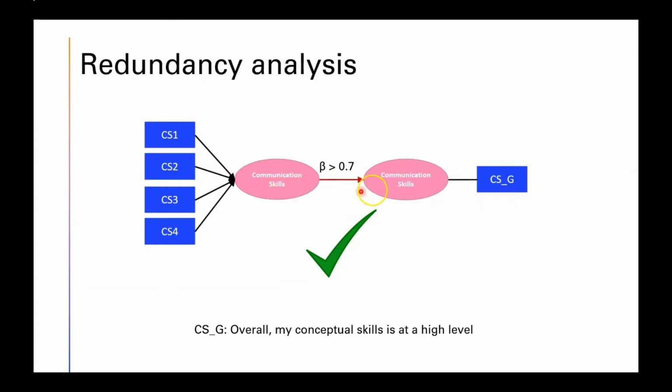If you specify and estimate this model and see that the path coefficient between these two constructs is above 0.7, it means that this conceptual skills formative construct has convergent validity. So this is how you need to do the redundancy analysis.